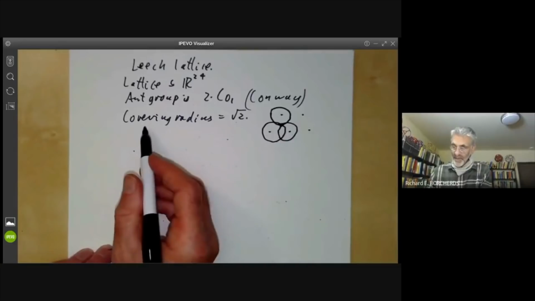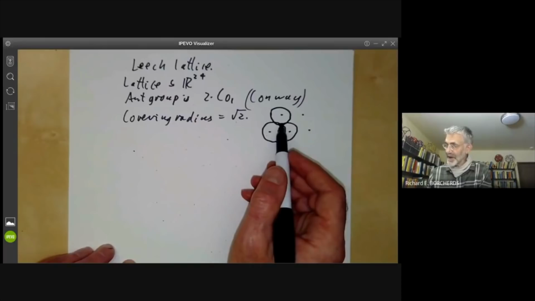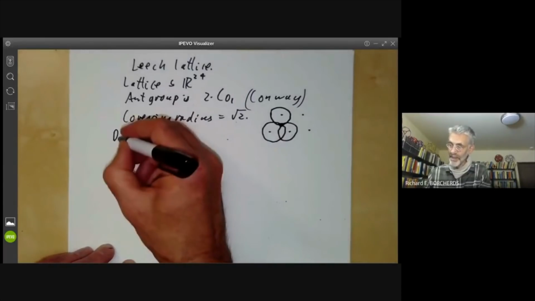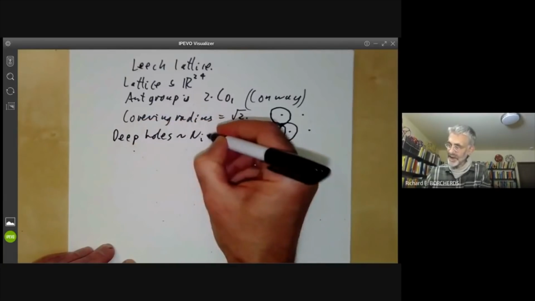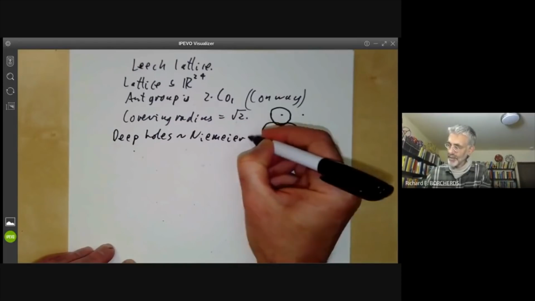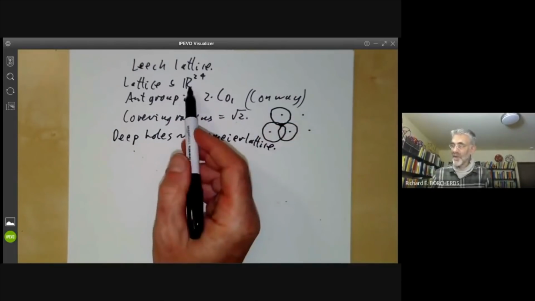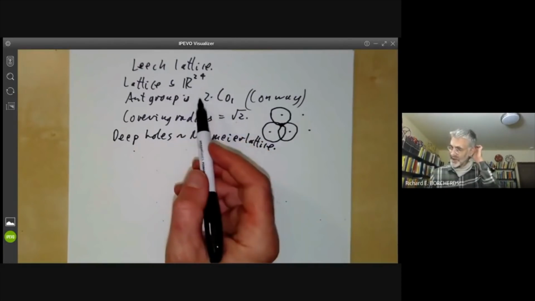And Richard Parker noticed that the deep holes of the Leech lattice seem to correspond in a rather mysterious way to Niemeier lattices. The Niemeier lattices were classified a few years before by Niemeier, and they're the other even unimodular lattices in 24 dimensions.